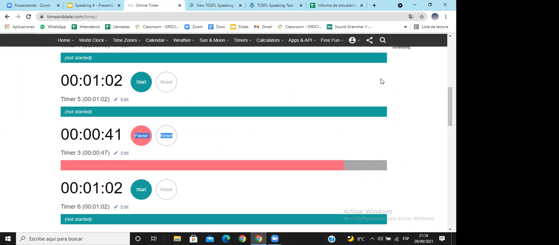Okay. I disagree with this statement because I think children can play video games. For example, last year in the pandemic, a lot of children played video games.